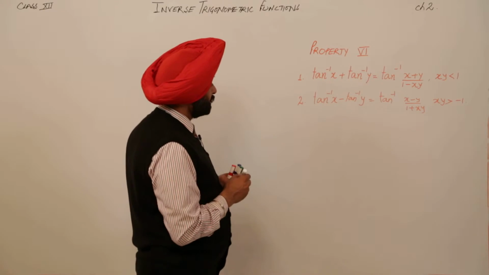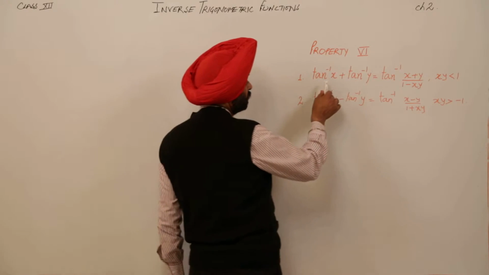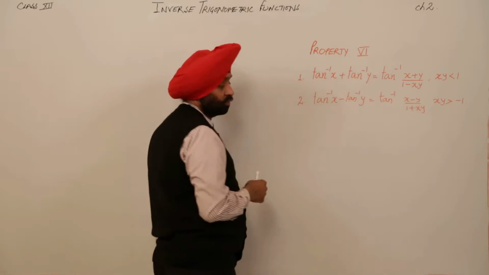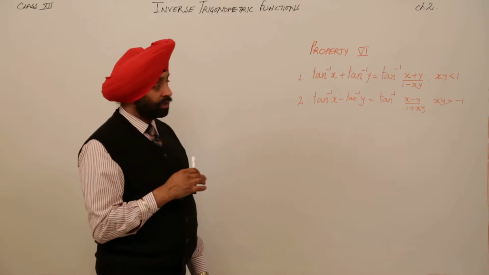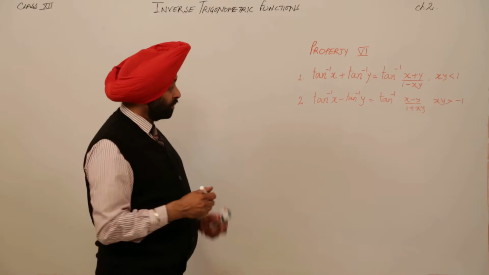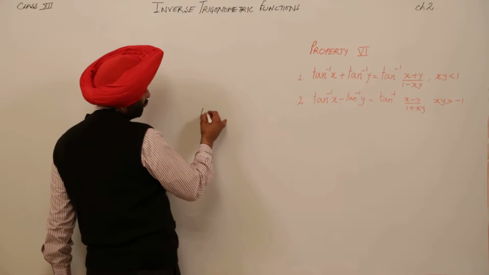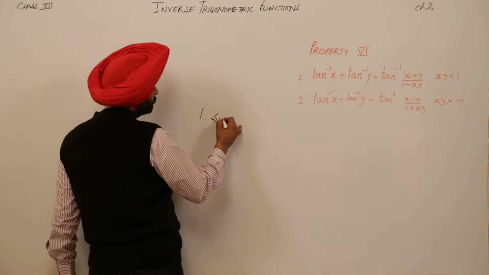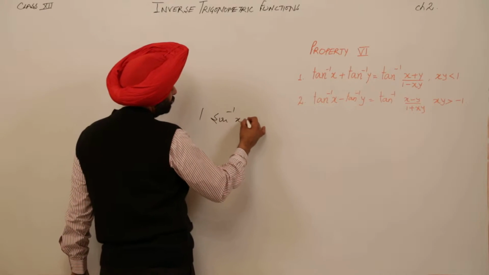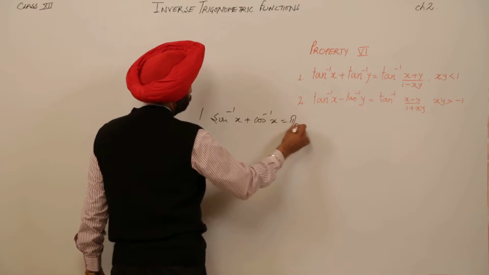Now one thing, you can ask me a question: sir, what about x and y? What are x and y here? Are the angles the same? Because in the last property which we did, it was sine inverse x plus cos inverse x, it was pi by 2.